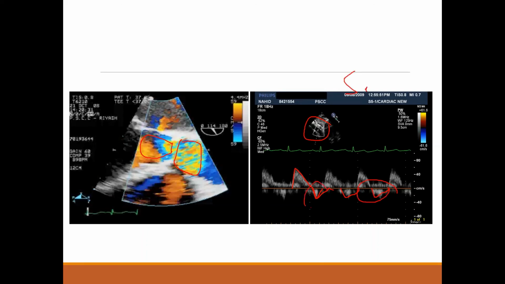But even this here, it's most likely severe aortic regurgitation because we have a diastolic flow reversal from the abdominal aorta. When we have diastolic flow reversal from the descending thoracic aorta, that is not necessarily severe, unless the flow is really high.